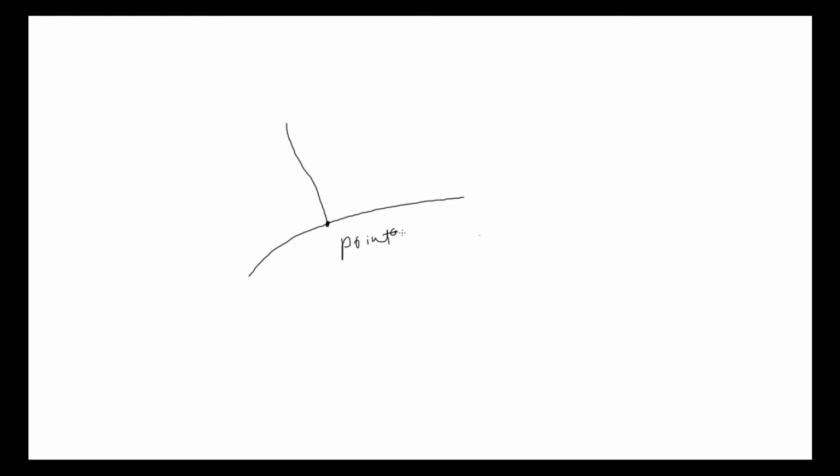If the line is going and touching this point, suppose like this, then this line is touching this curve at this point of contact.